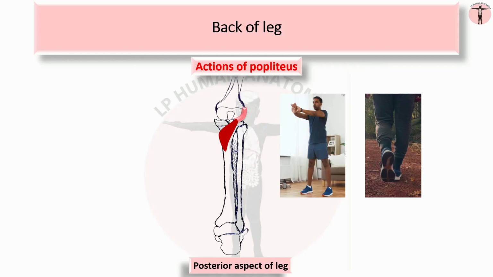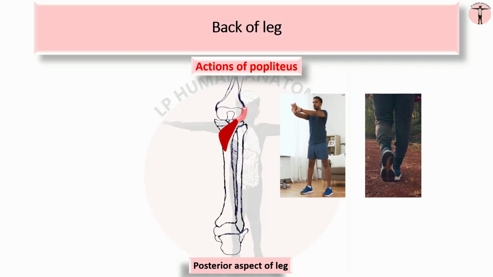The actions of popliteus are: it is a key muscle in unlocking the knee joint during flexion in a fully extended position of a knee. In the beginning of flexion of a fully extended or locked knee joint, the popliteus either rotates the tibia or the femur depending on the movement of leg.